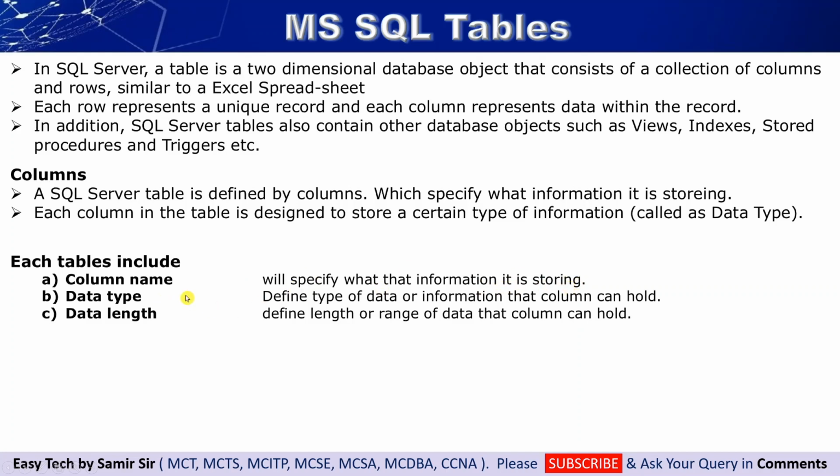Second is the data type, which I'm going to explain in a very short time in the next slides; it defines the type of data or information that a particular column can hold. And the third most important thing is data length, that will specify the length or the range of the data that the column can hold.